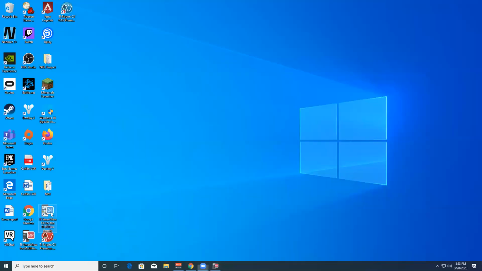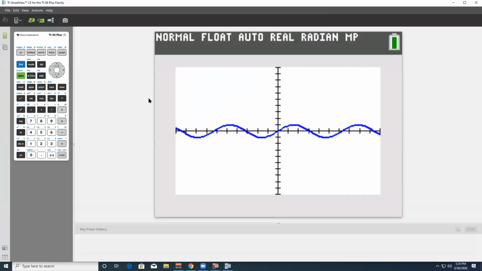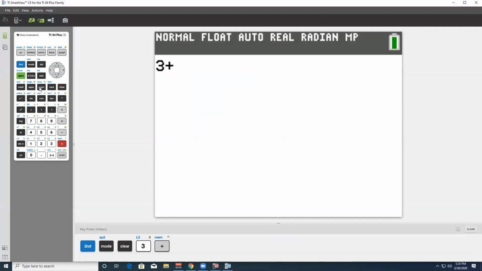Now if you have this TI-84, let me go out of here. Second, quit. Okay, we're going to type the same thing in, but the only difference with this graphing calculator and the TI-30 is that I think the graphing calculator automatically puts it into decimal form. Let's see. 3 plus second square root 10.